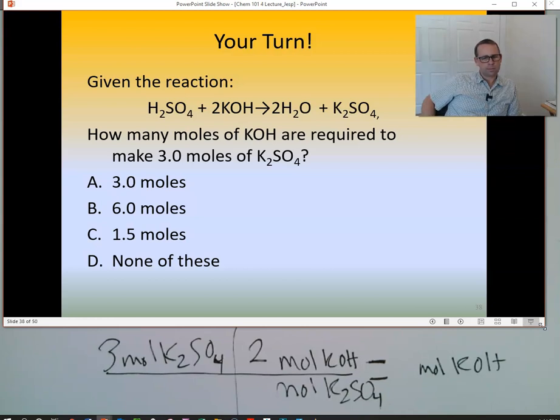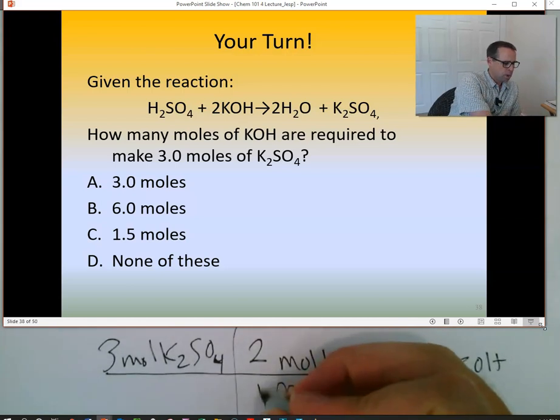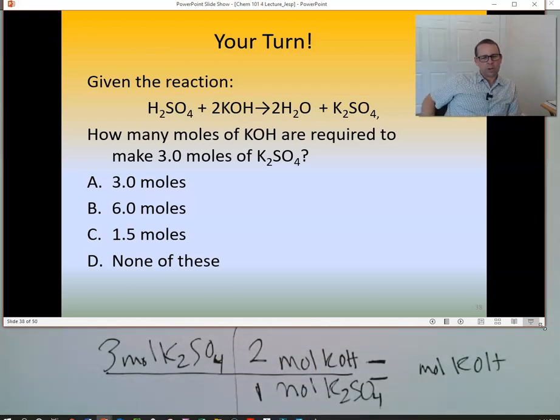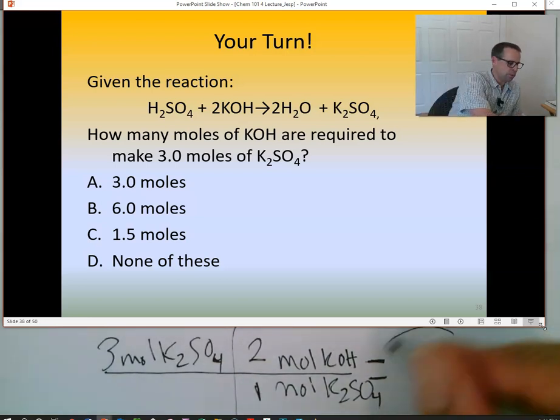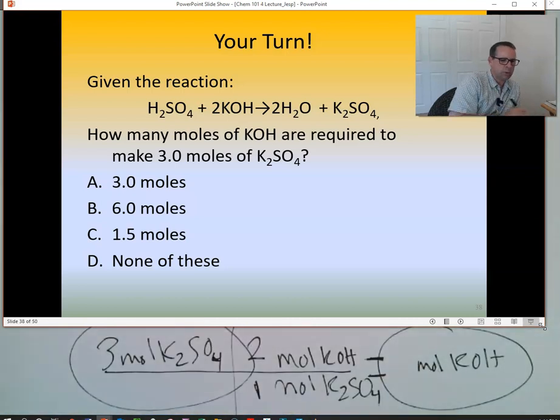And then moles of K2SO4, we see there's 1. Very good. So if we do the math here, how many moles of KOH should we be able to get if we have 3 moles of K2SO4? So we should have 6. That's right, 6 moles. And that's our answer.